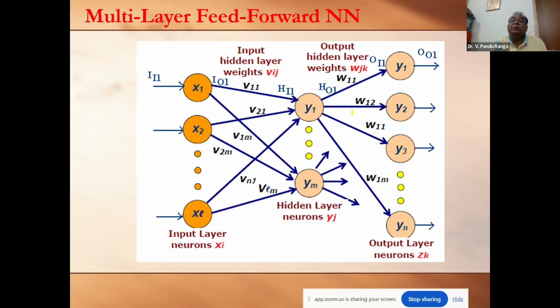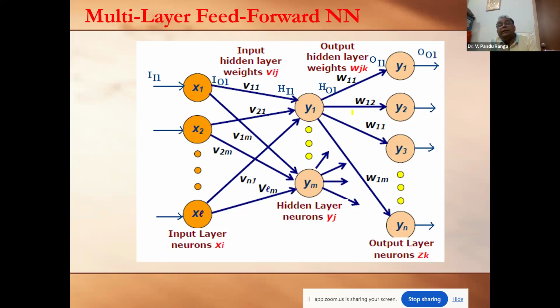But once again, you have to follow a systematic method to determine the number of neurons in the hidden layer, which ultimately decides the architecture of the network. In addition to the number of neurons, we also need to decide the values V11, V21, and W11, W12, like that. Vij and Wjk are called weights.